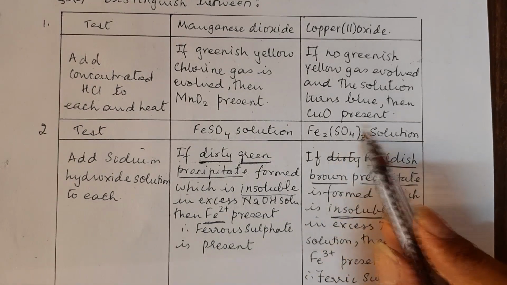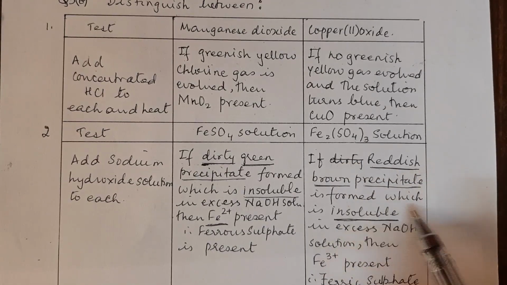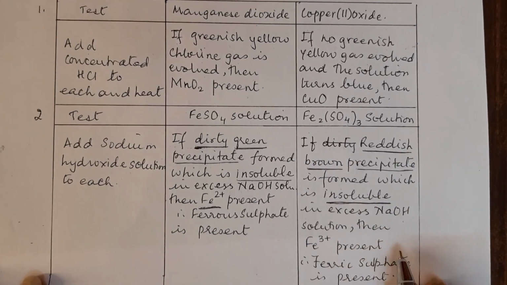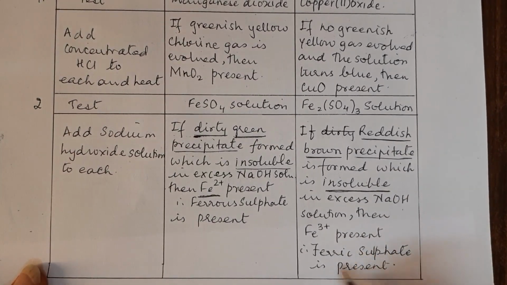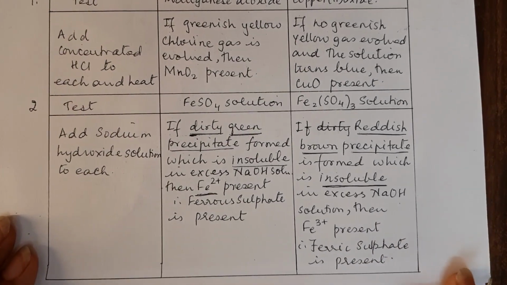But in case of ferric sulfate, if a reddish brown precipitate is formed which is insoluble in excess of NaOH solution, then Fe3+ is present, and therefore we will say ferric sulfate is present.